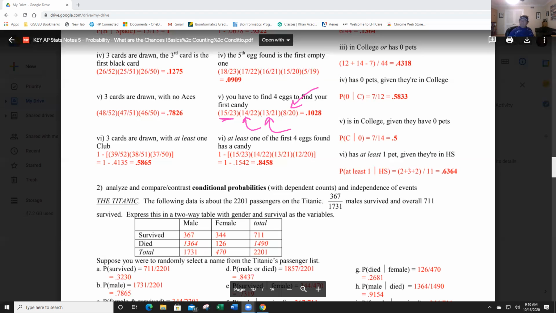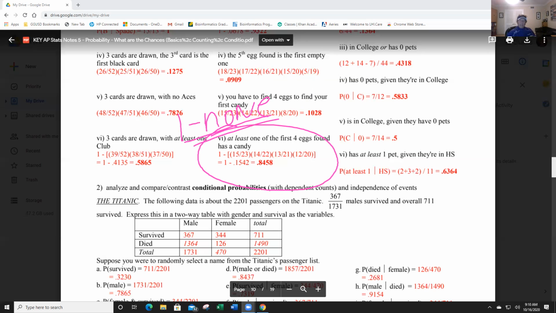Okay. All right, here's your at least one problem. Again, 1 minus none, okay? At least one means you could get 1 egg with the candy, or 2 eggs with the candy, or 3 eggs with the candy, or 4 eggs with the candy, okay? At least one. Okay, so I'm going to go 1 minus none.